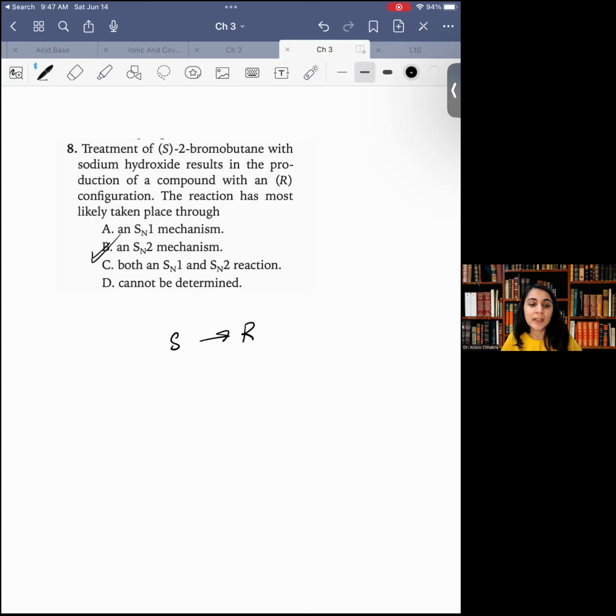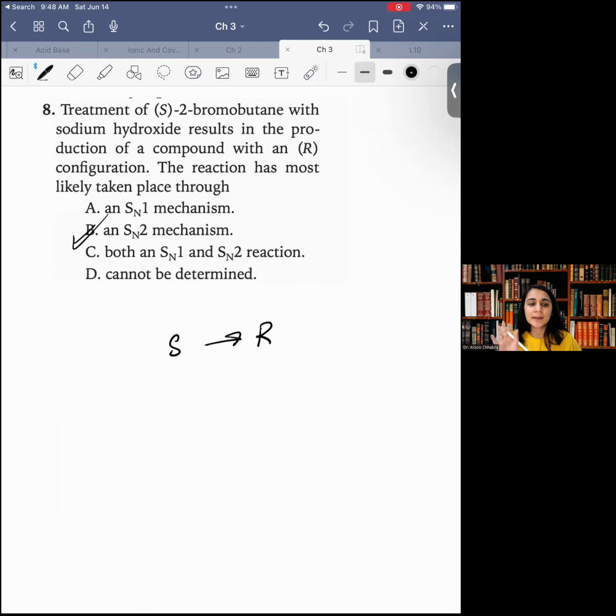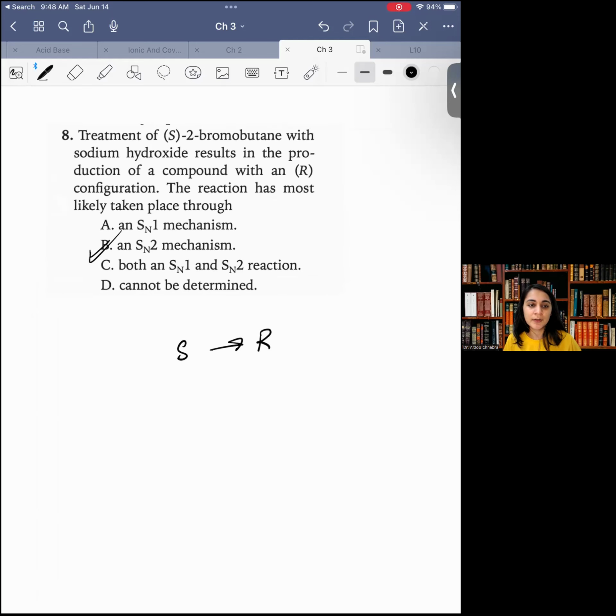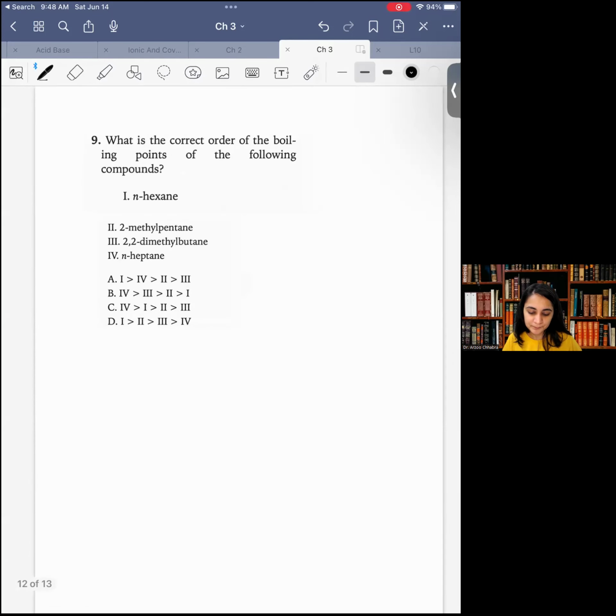When we have an SN1, there is retention, but the inversion is sure shot in an SN2 reaction. So when the inversion happens, that is a confirmation of an SN2 reaction, right? So B is the answer for this problem.